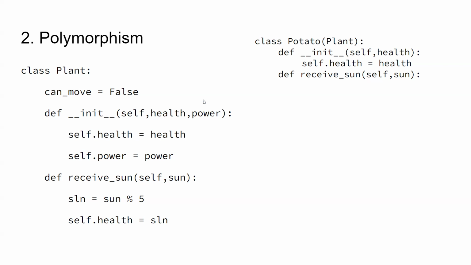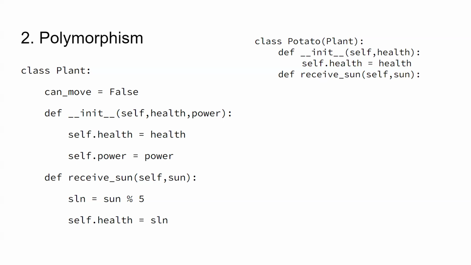Oh, I forgot to talk about what power is. Power is how much harm you cause to the zombie when you attack it once. Suppose the zombie has health of 2, and your power is 1 or 2.